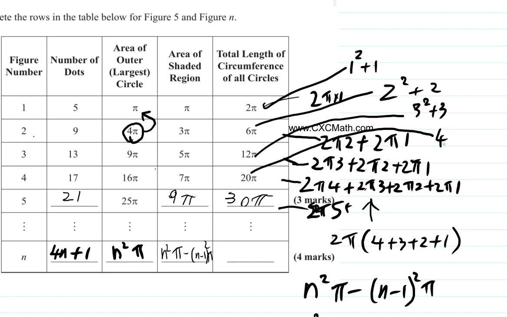Figure 4. 4 squared plus 4. 4 4's are 16 plus 4, 20. Interesting. Suppose here for figure 5, you say 5 squared plus 5. 5 squared is 25. 25 plus 5 is 30. Well, that seems to be working for the total length of the circumferences of the circle.